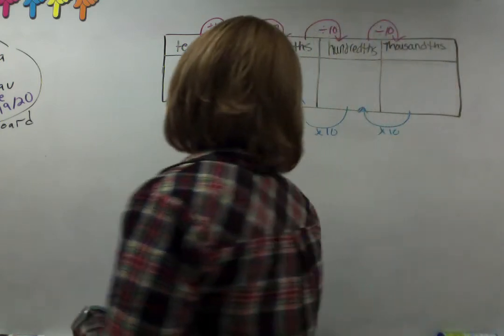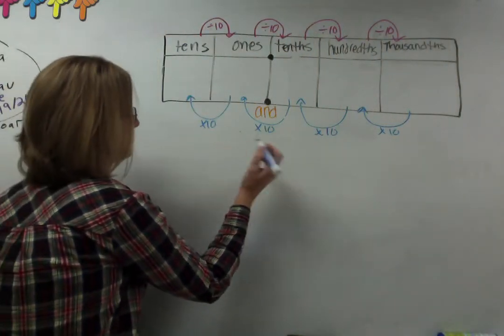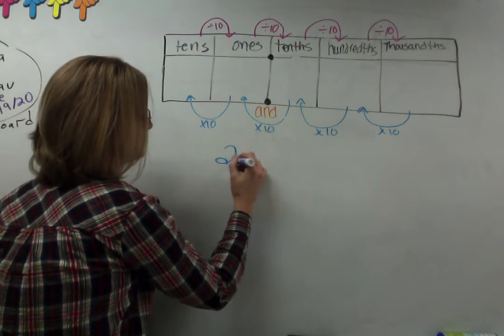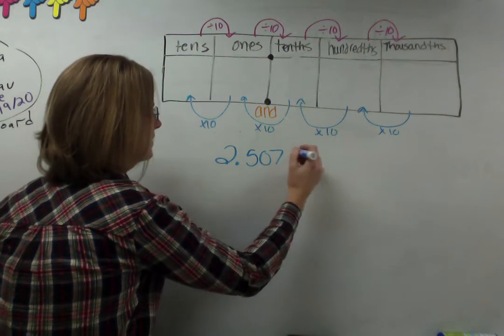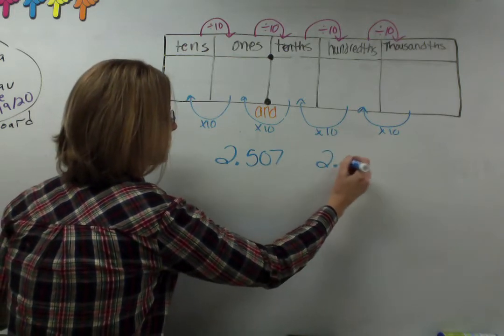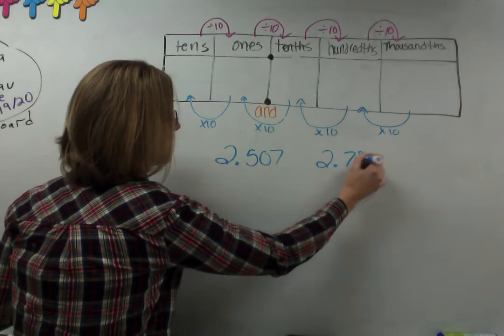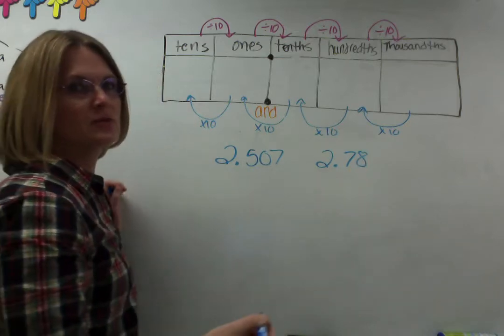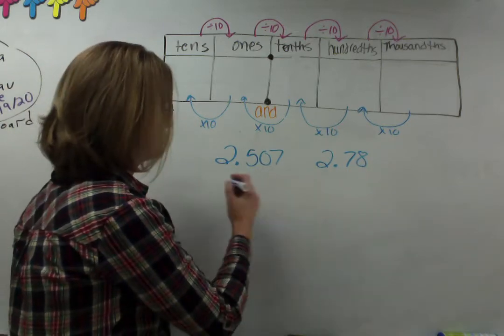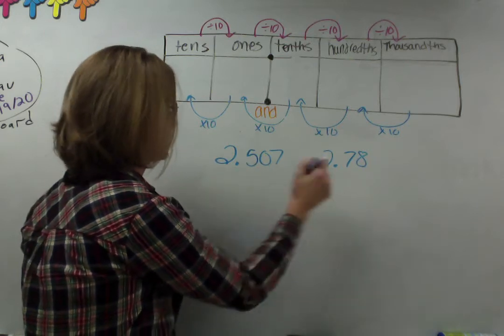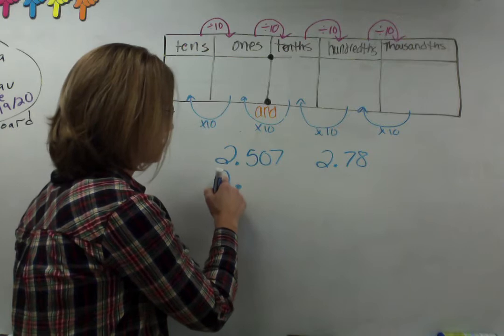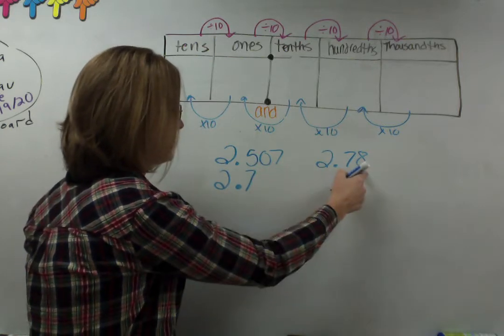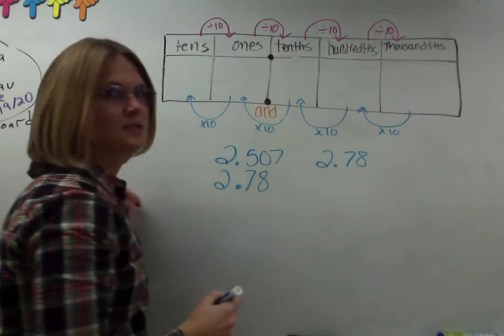Okay, so let's say you were trying to figure out least and greatest, you had 2 and 507 thousandths, and you had 2 and 78 hundredths, and you wanted to see which one was greater. Yesterday I told you to put one underneath the other. So take one, line it up, decimal under decimal, ones place under ones place, tenths under tenths, hundredths under hundredths.